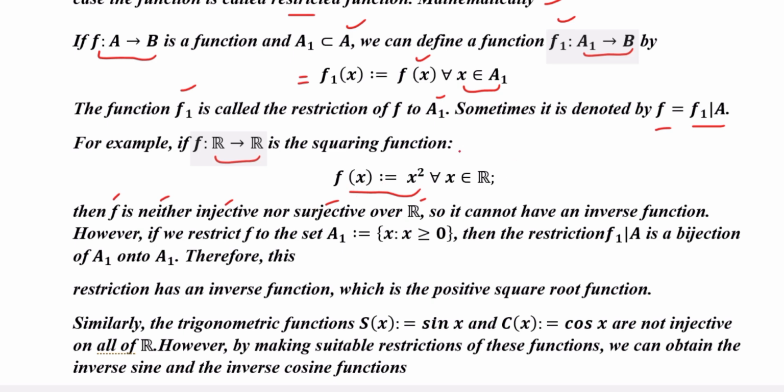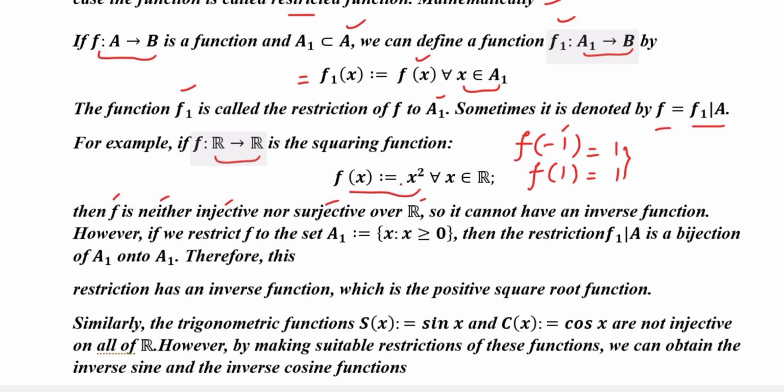For example, suppose I find the value at x is equal to -1, your answer is 1. If you plug in x is equal to 1, your answer is again 1. So for two different pre-images, the images are the same. This shows that this function is not injective.